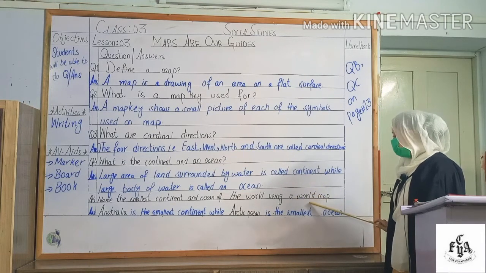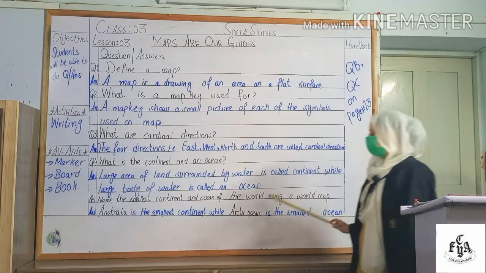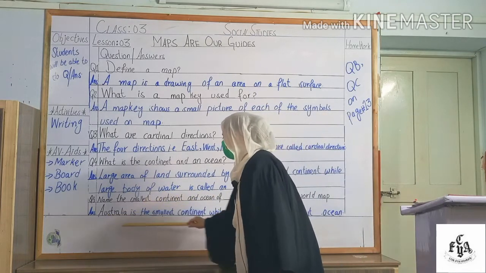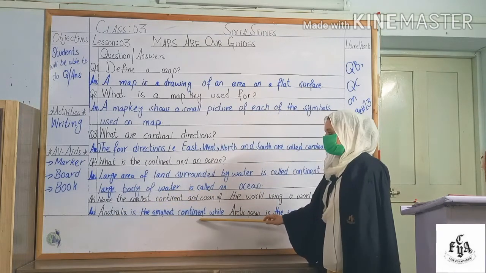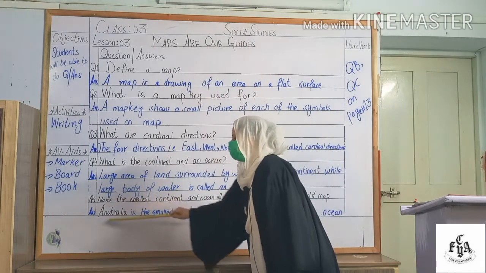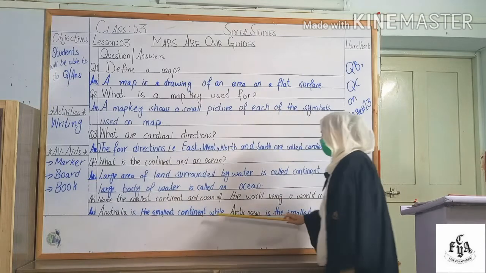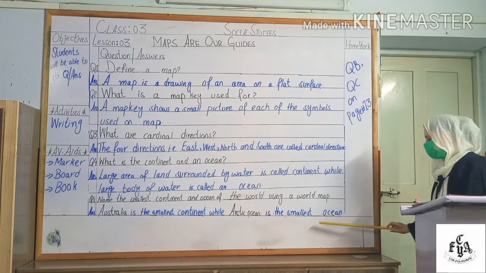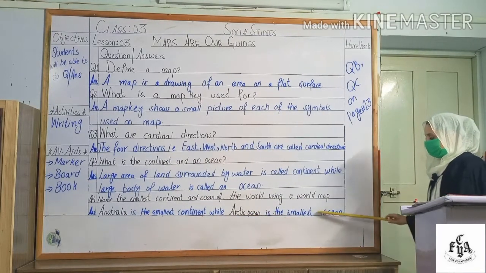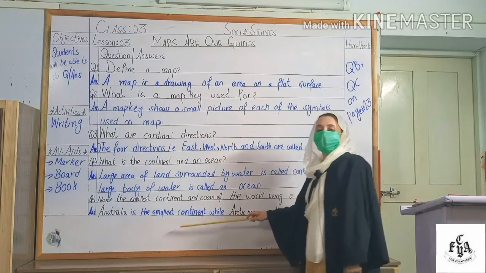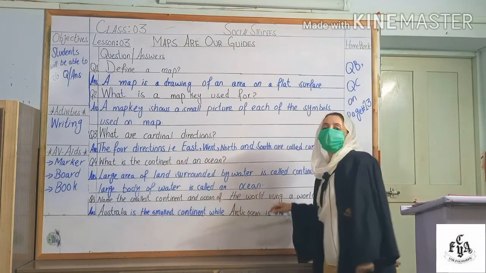Take a world map and find the answer. Australia is the smallest continent. It means Australia is a continent which has fewer countries, while Arctic Ocean is the smallest ocean. I already told you and explained it in the lesson earlier.